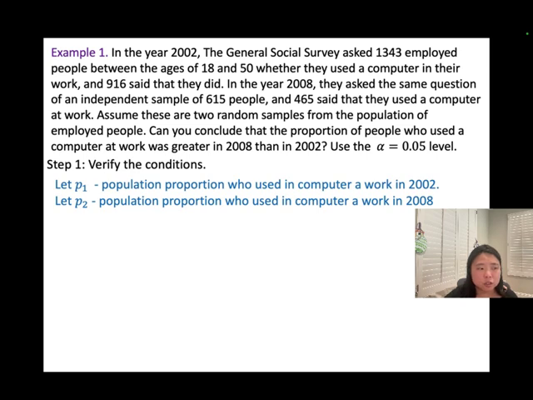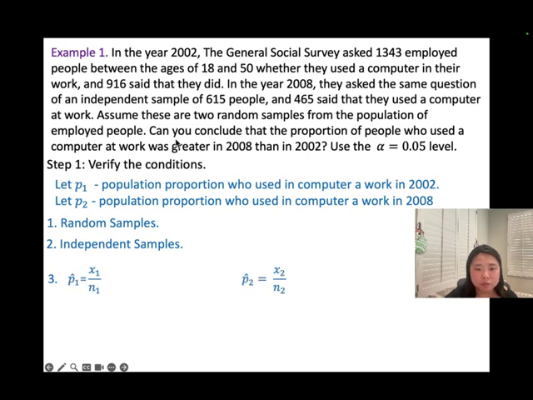Now, verify the condition. Number one, random samples, and they are independent. Number three, you need to check if you have at least 10 successes and 10 failures. In this question, they didn't give you the sample proportion. They only give you the sample size and the number of successes. So you need to use the formula to figure out your p hat 1 and your p hat 2. Try plugging it in.